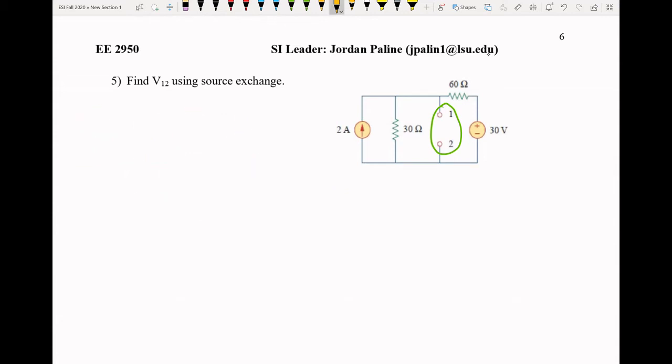Okay, so we see that we have already this in parallel with each other, but this is not. So what we can do is now we see that this is going to be in series with the voltage source, so we can change that into the current source using the source exchange. Let me go redraw this. So this will be 2 amps.